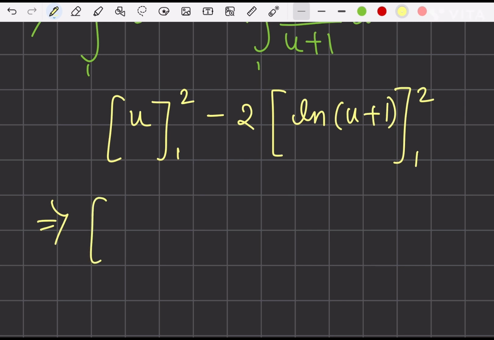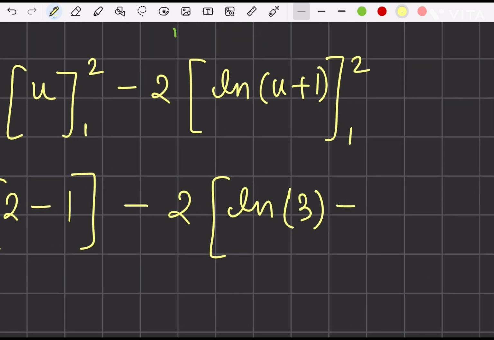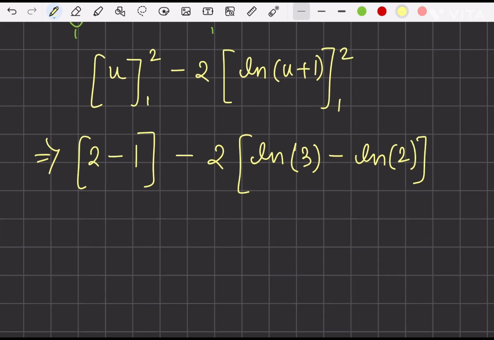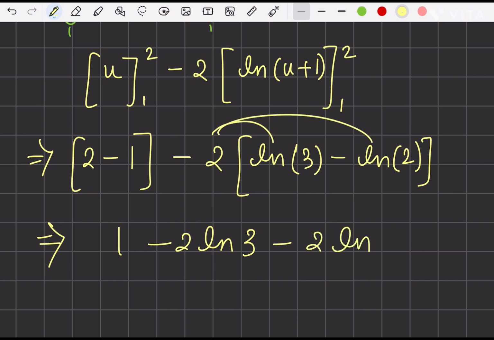Over here 2 minus 1, minus 2 times, now in this case it is ln of u plus 1, that would be ln 3 minus ln of 1 plus 1, which will be ln 2. So when you simplify this further, this will become 1, minus 2 ln 3, minus, I'm just opening the bracket, 2 ln 2.